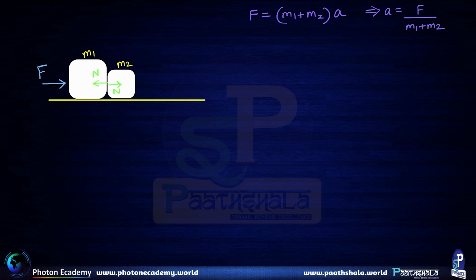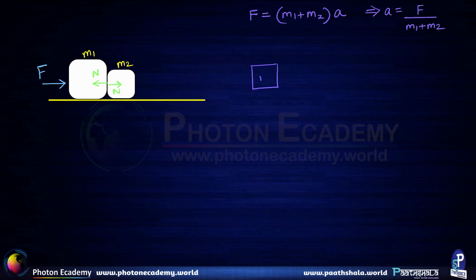Now if we do analyze the block M1 alone, then for the block M1 we can write down, this is the force F and this is the normal reaction N. So we can write down F minus N is equal to M1A.